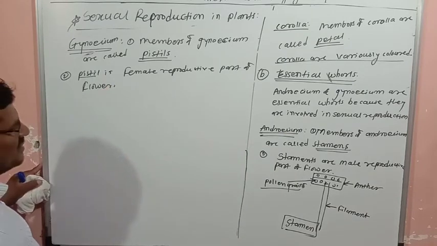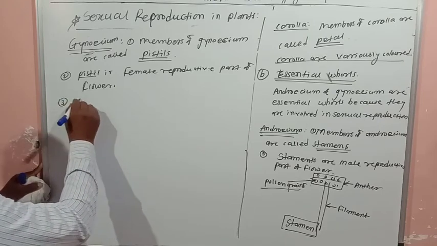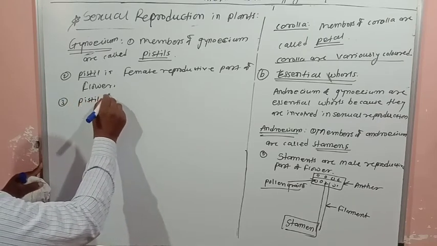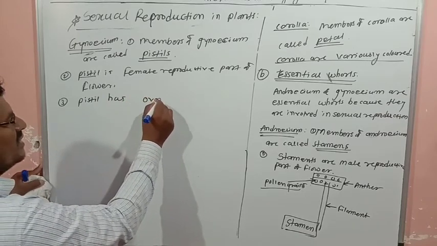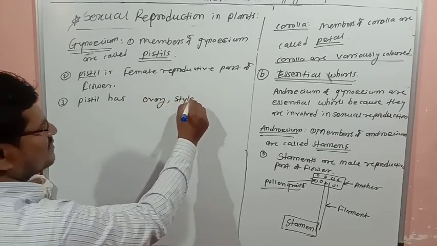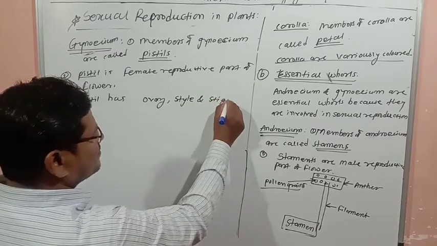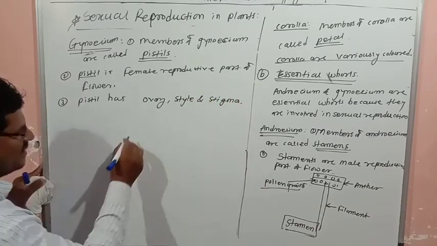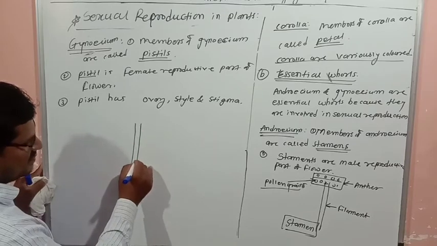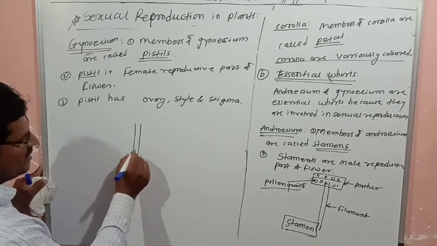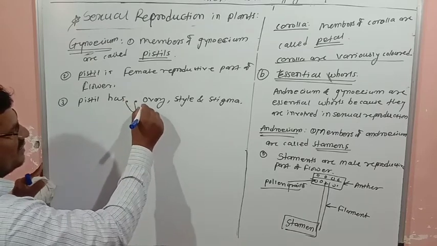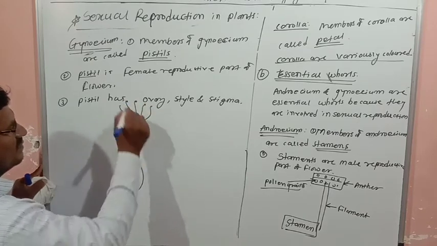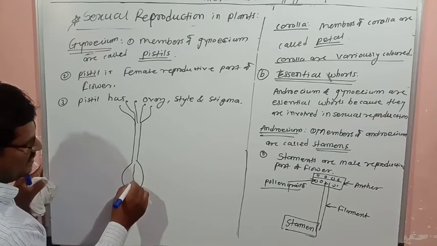Again, the structure of the pistil: pistil has ovary, style, and a stigma. Here downside the ovary will be there, and like this the stigma will be there. And in this, many ovules are there.